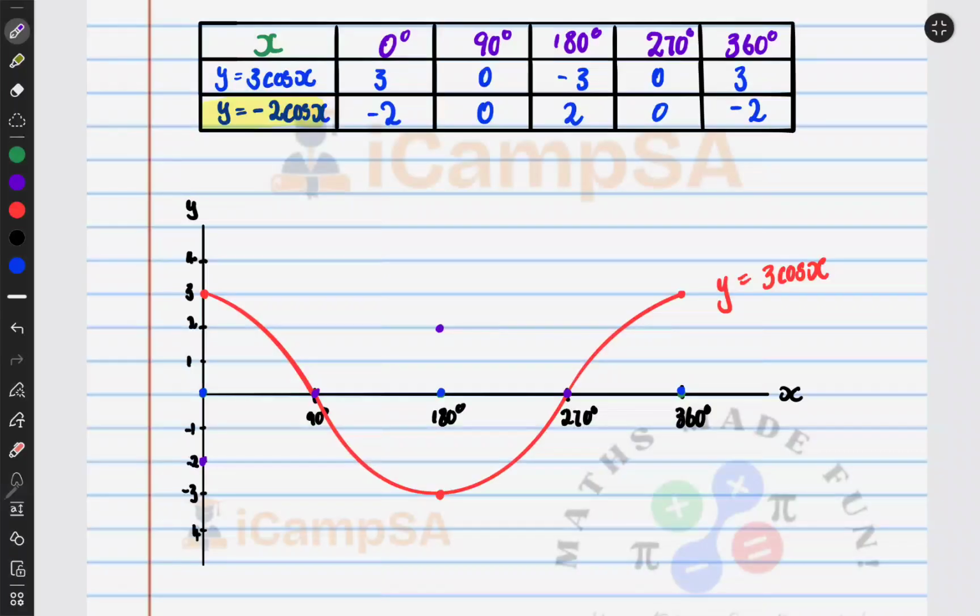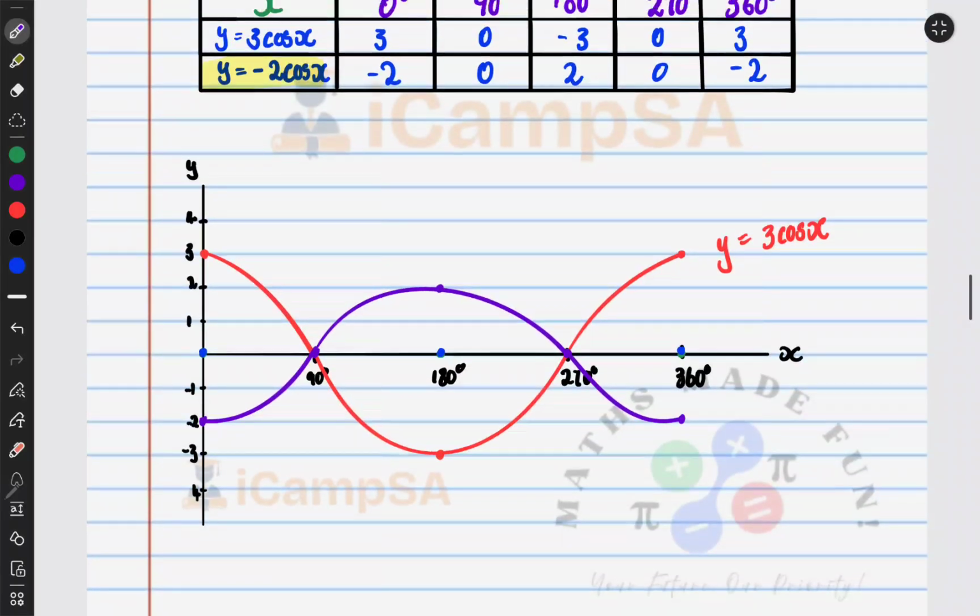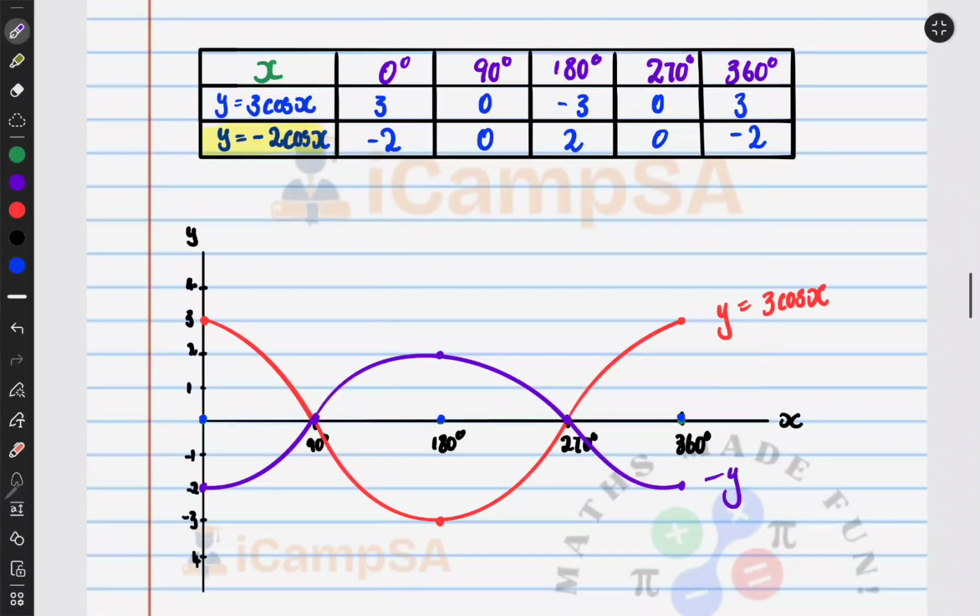At 360 we have -2. We join our points. Okay, and this function is the one for y is equal to -2 cos x.